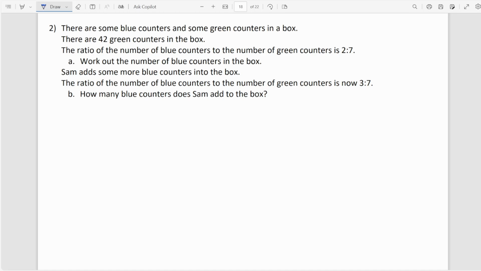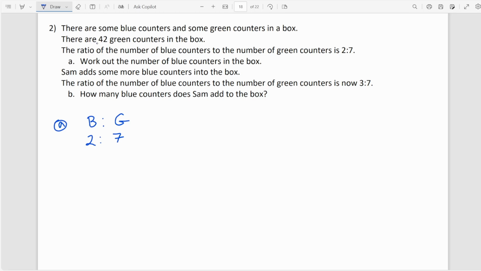Okay. So let's write down my ratio. So we have blue counters and green counters, and the ratio between them is 2 to 7.